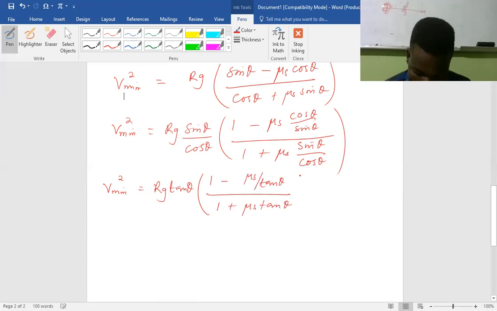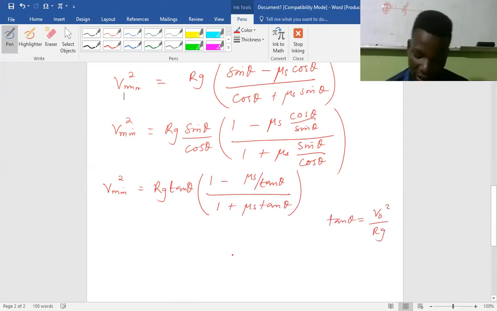Okay, so remember the equation that was derived in the first part. We had tan theta being equal to v naught squared over rg. So we are substituting wherever there is tan theta with v naught squared over rg.